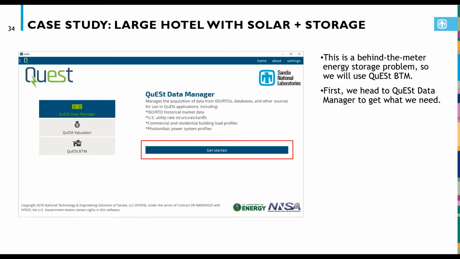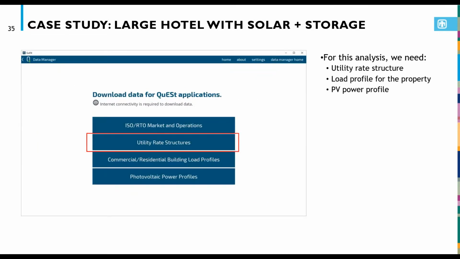First, we will need to use QuEST Data Manager to get the data that we need. For this analysis, we will need the utility rate structure, load profile, and PV power profile.